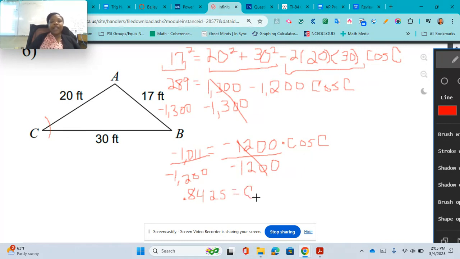We are looking for the angle. So what kind of cosine do we need to look for the angle? The inverse cosine. So the inverse cosine, cosine inverse, of our previous answer, 0.8425.